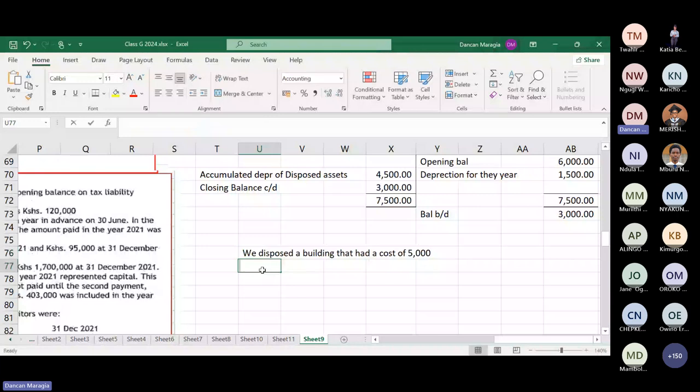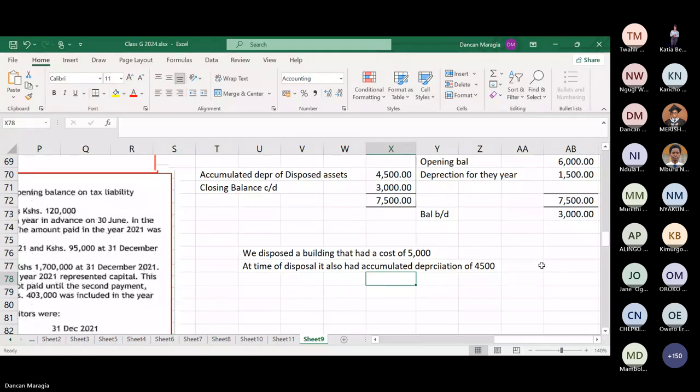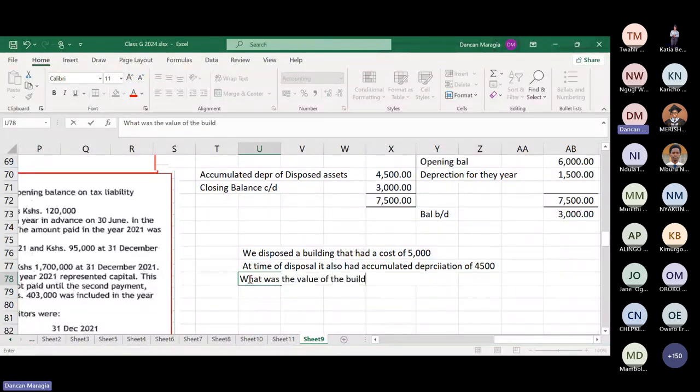And at the time of disposal, it also had accumulated depreciation of 4,500. So it will give us the value of the building at the time of disposal: 500. Done.